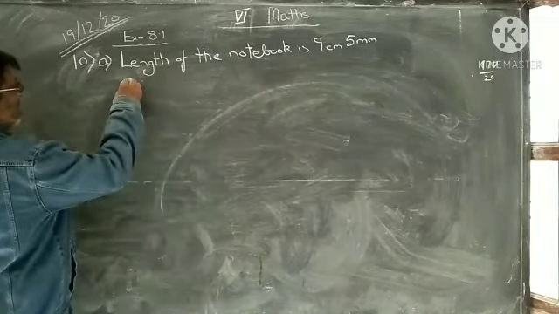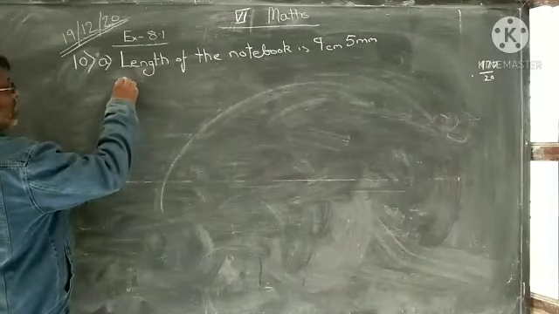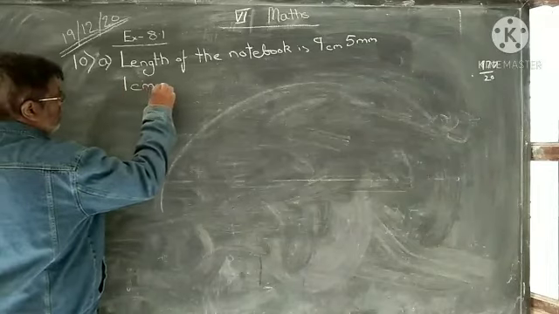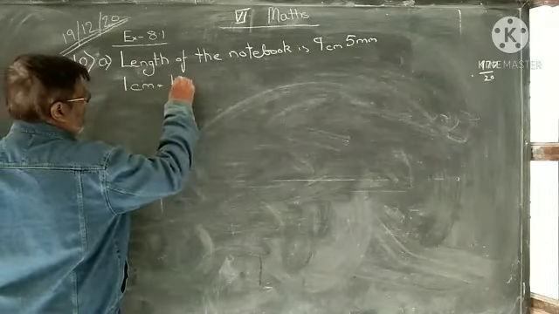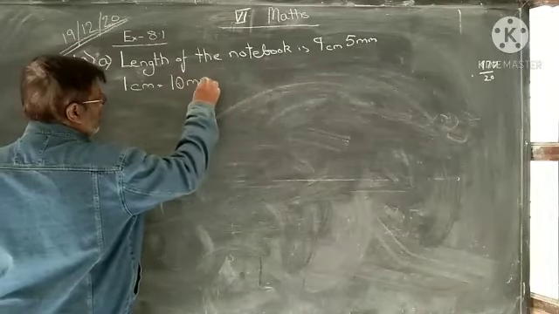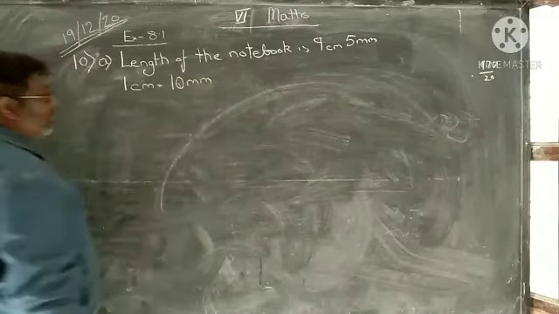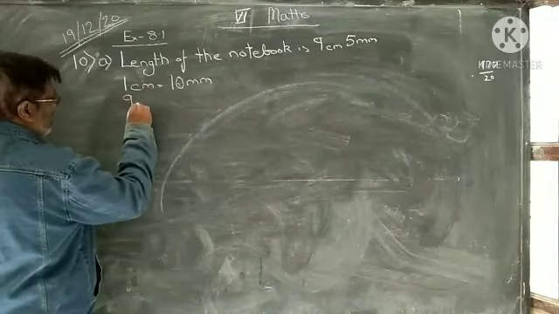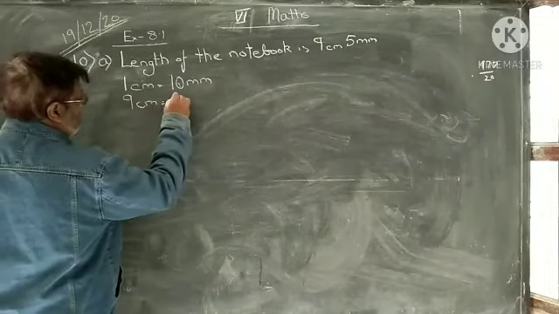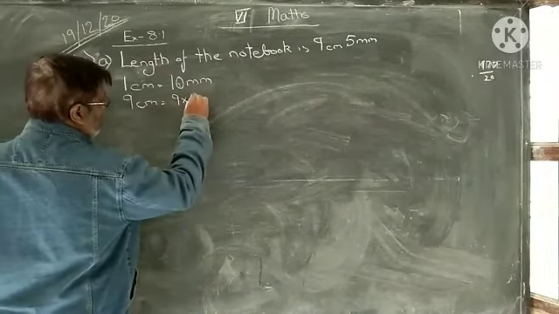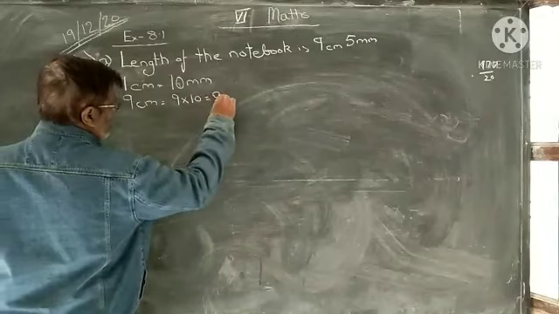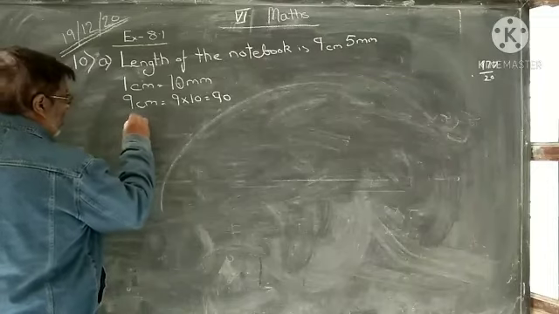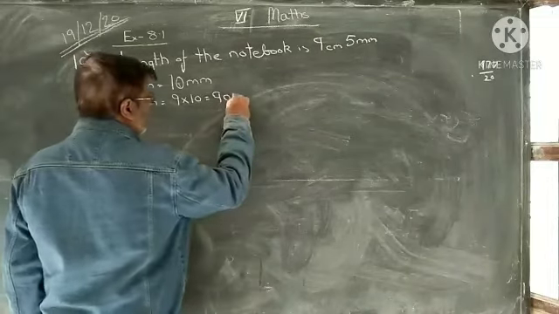So 9 centimeter, let's convert it into millimeter first. We all know that 1 centimeter equals 10 millimeter. Convert 9 centimeter: 9 into 10 will come as 90, plus 5 millimeter. So this is millimeter.